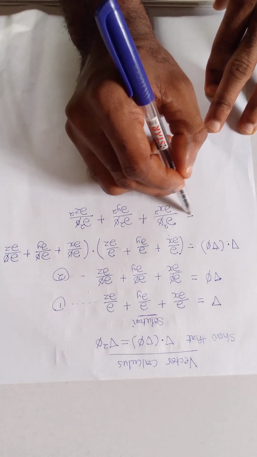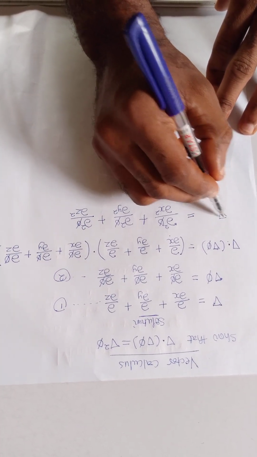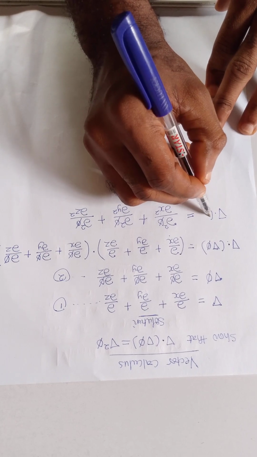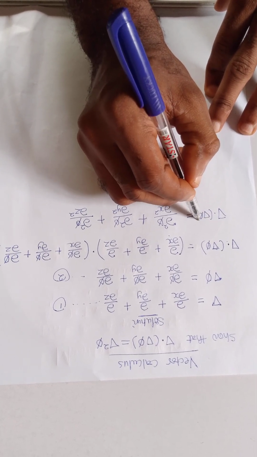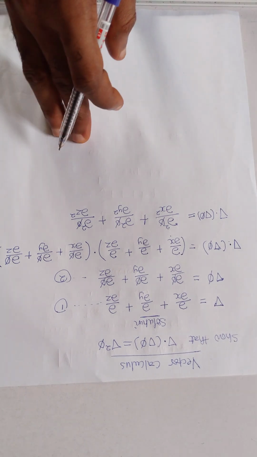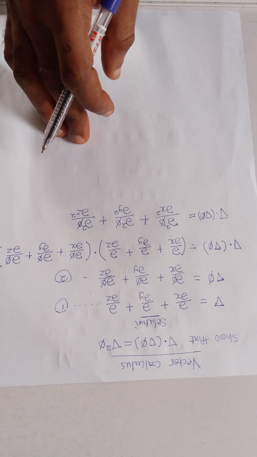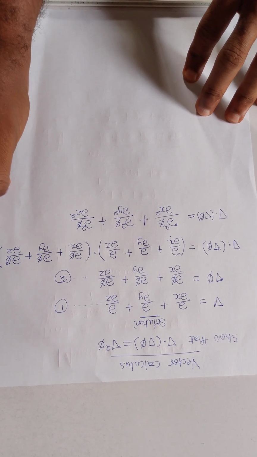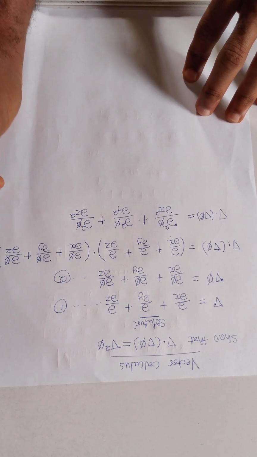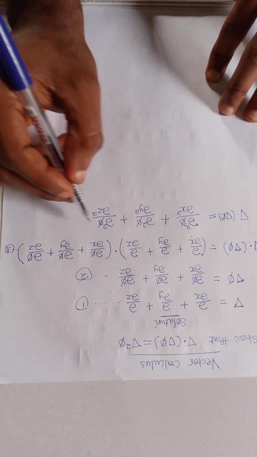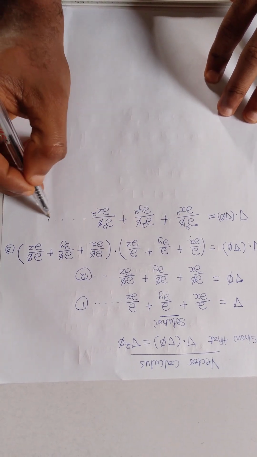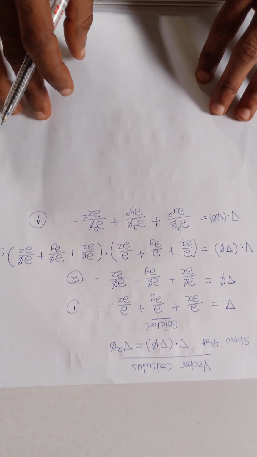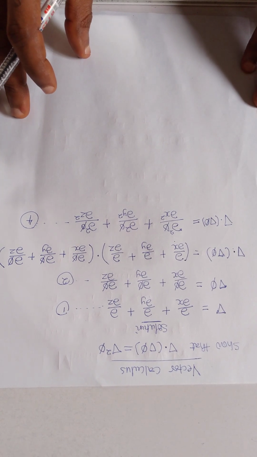And so we have that this into this is equal to this. Having done this, we can call this equation 3, and let's call this equation 4.